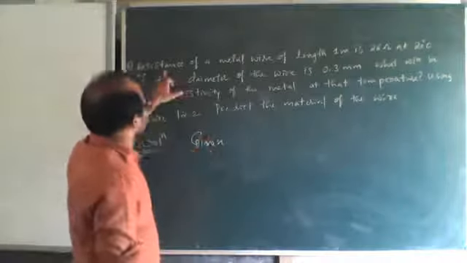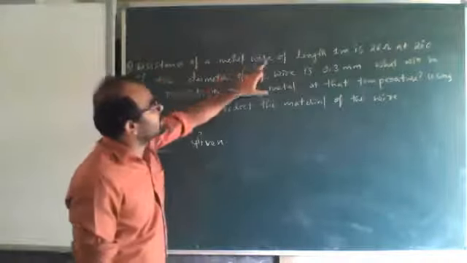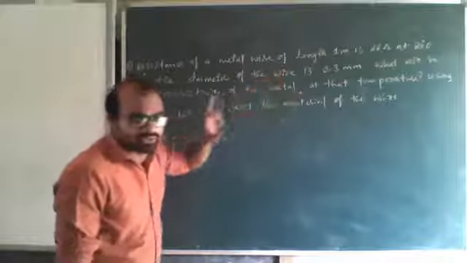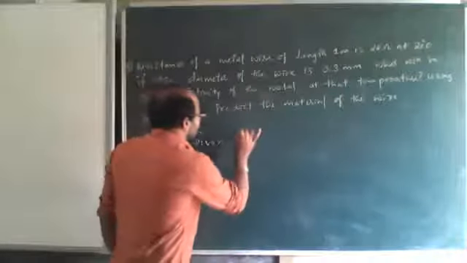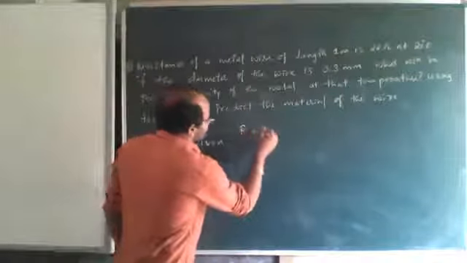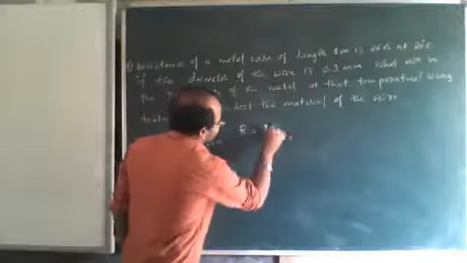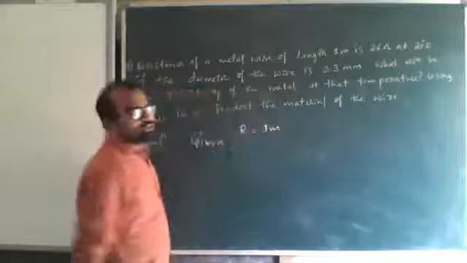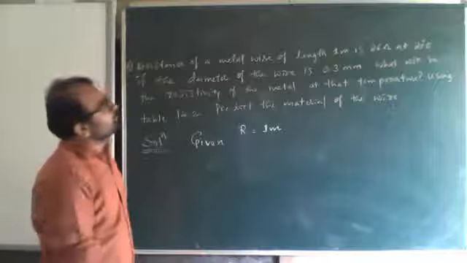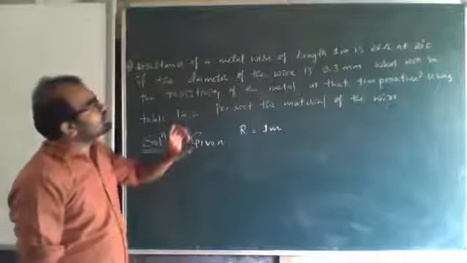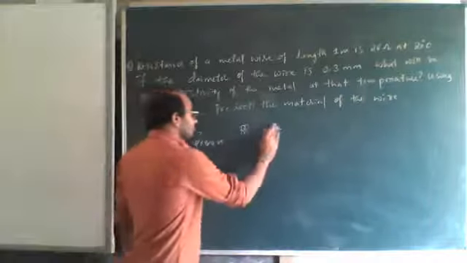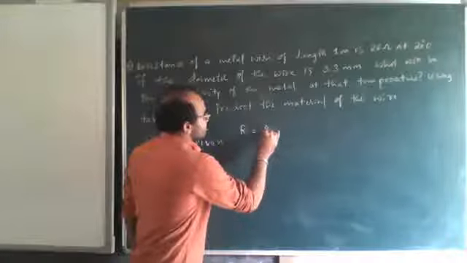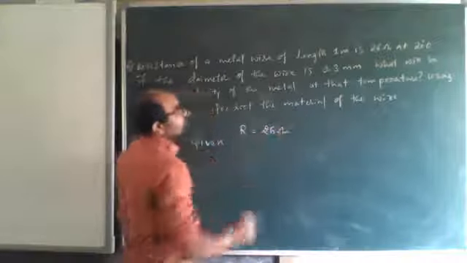Given: resistance of a metal wire of length 1 meter. Resistance they have given as 26 ohm.